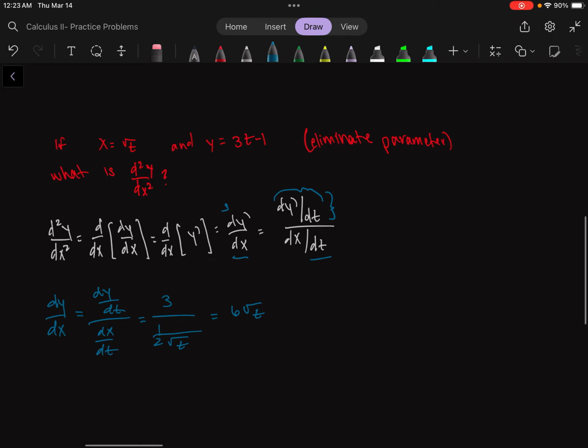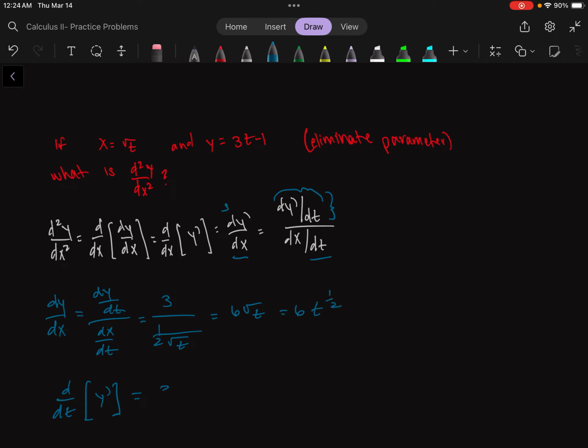But we also need the derivative, the d over dt of this y prime. This right here is going to go into the numerator right here, right? So what is the derivative of y prime with respect to t? Well, this is really a 6 to the t to the 1/2.